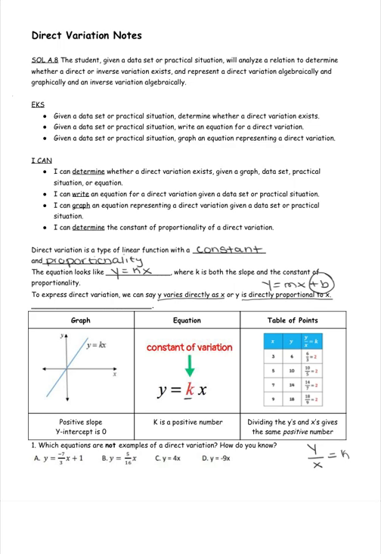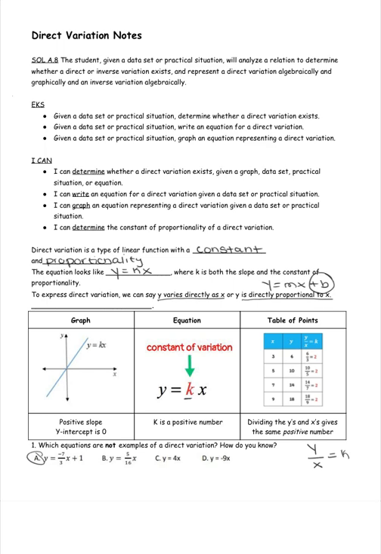Okay, so looking at number 1, it says, which equations are not examples of a direct variation? How do you know? All right, so if we take a look at this, A is y equals negative 7 over 3x plus 1. Well, we already know that our y-intercept is 0, so A is not an example of a direct variation. B, we have y is equal to 5 over 16x.